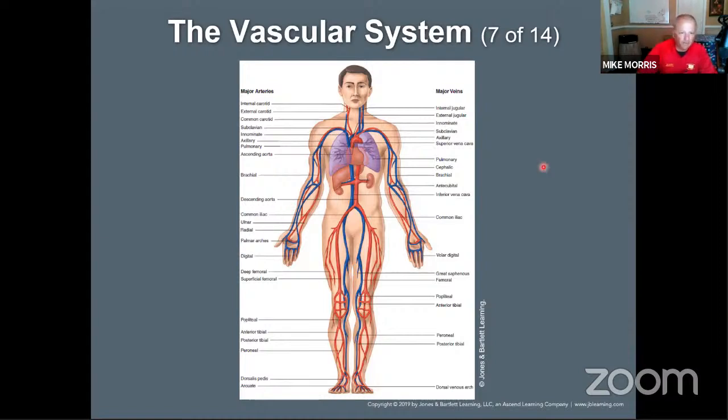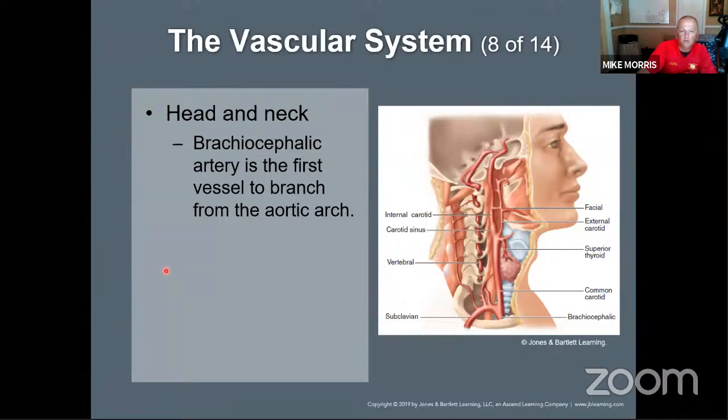If there's any for the exam that specifically you need to know, I'll let you know what they are. I don't want you studying all of these. Definitely know like your subclavian artery right here, your internal carotid, common carotid, right there.